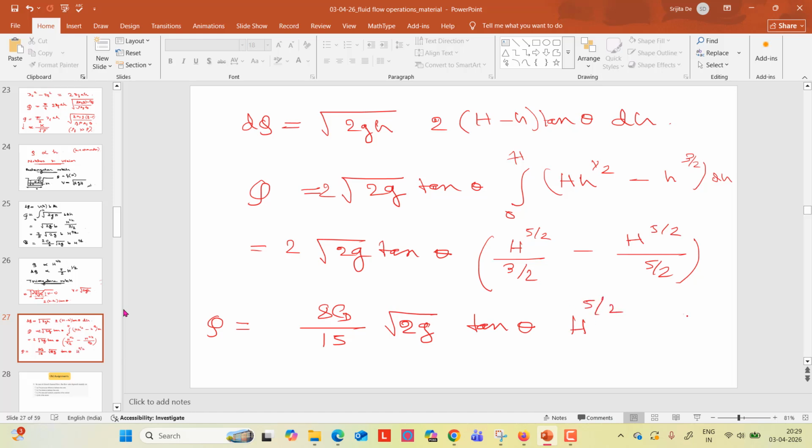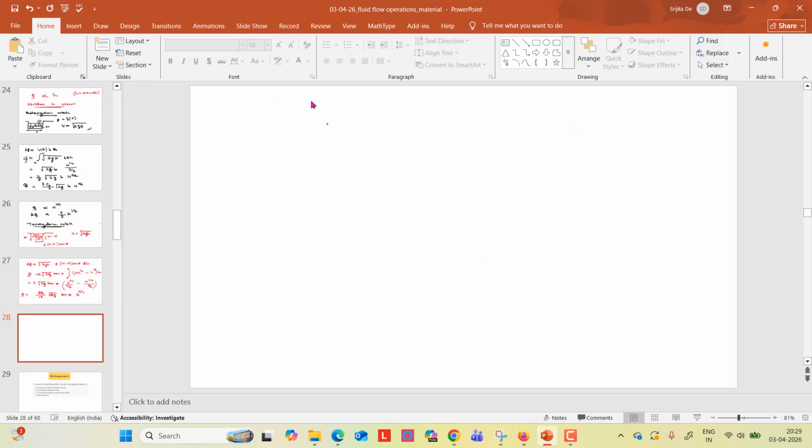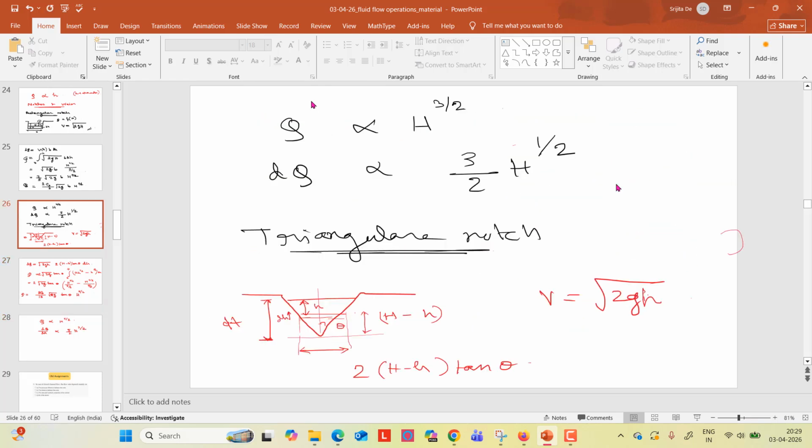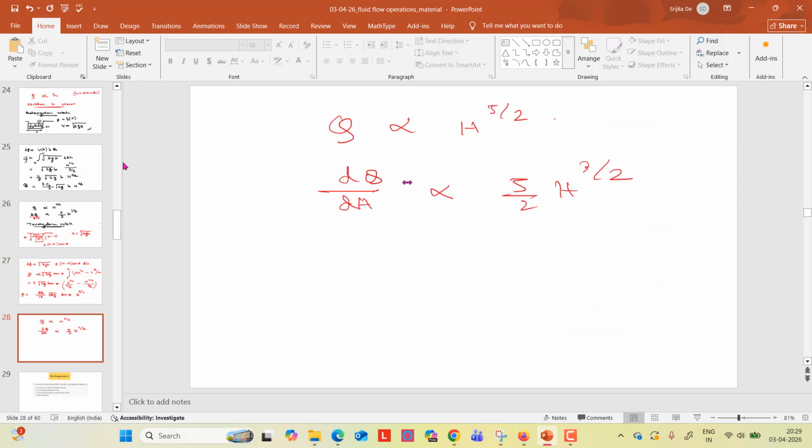So now for the triangular notch, q is proportional to H to the power 5 by 2, and dq by dh will be proportional to h to the power 3 by 2. In the rectangular case, it was proportional to h to the power half. Now it is proportional to h to the power 3 by 2, right?